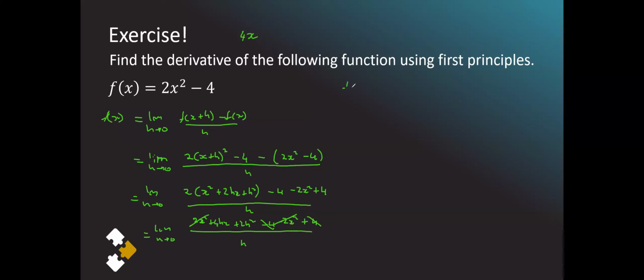So the limit as h approaches 0, h outside, 4x plus 2h, all over h. That and that cancel. As h approaches 0, f prime of x will be 4x because that's what's left.